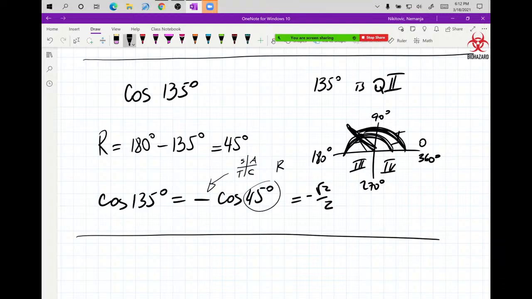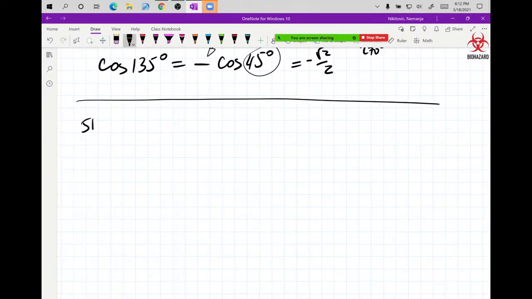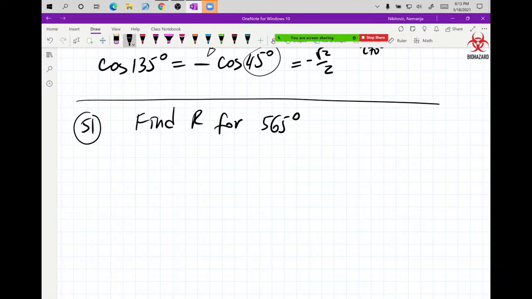Find the reference angle for 565 degrees. Find reference angle for 565 degrees. Okay, obvious thing, it's over 360, right?